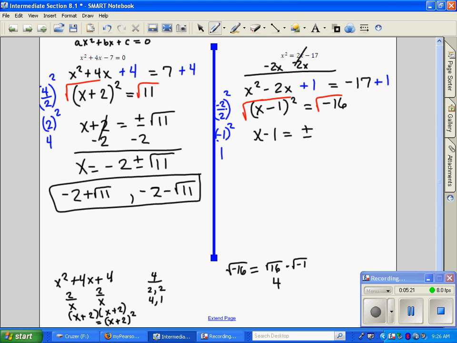This is 4 and my square root of negative 1 is i. So I'm going to get plus or minus 4i. We're solving for x. So we add 1 to both sides, and so you get x equals 1 plus or minus 4i. If you rewrite it, break them apart, you get 1 plus 4i, 1 minus 4i.